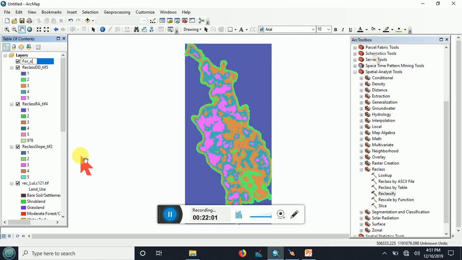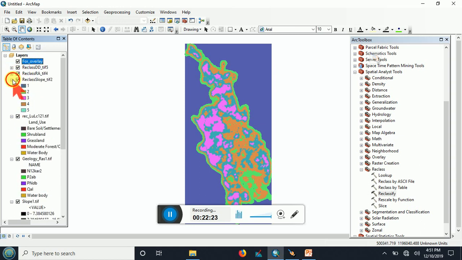for overlay, because we are going to do overlay analysis. And put all of these 5 thematic layers here. In that case we will have those final thematic layers for our overlay analysis.